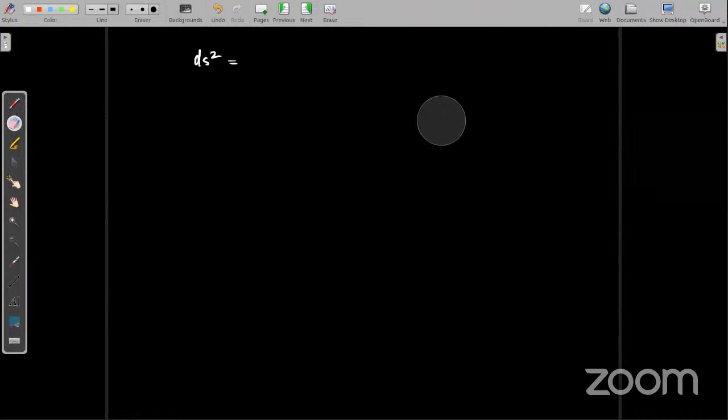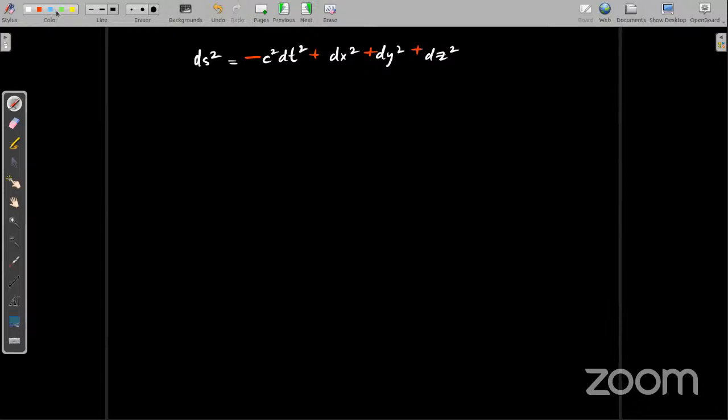Let me rewrite it, putting the time component first: c squared dt squared, then dx squared, dy squared, and dz squared. The only proper conventions are minus, plus, plus, plus, or plus, minus, minus, minus. You can take only the red one or the yellow one. You can't mix red and yellow here.